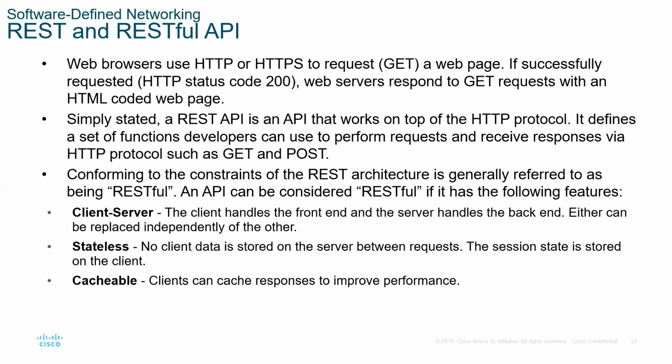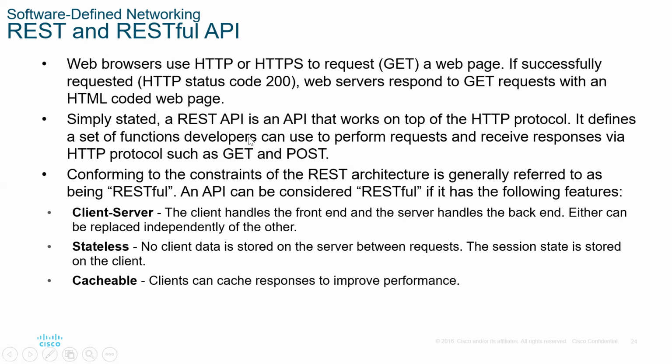Now, an API which is built on the HTTP protocol is what we call a RESTful API. Very simple. If an API is built upon the HTTP protocol, it's called a RESTful API.